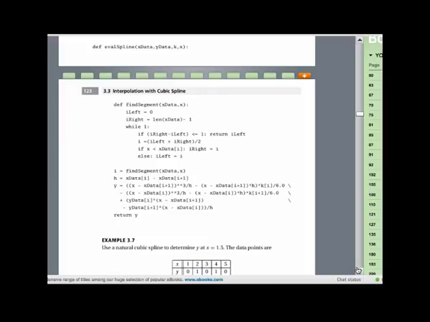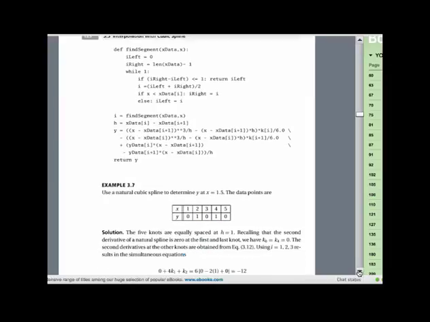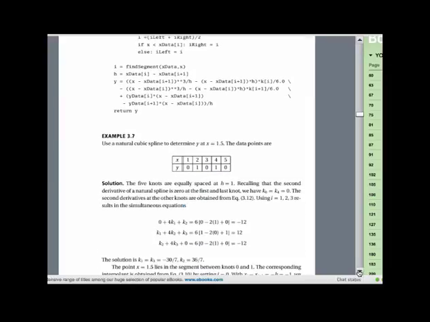We continue on to this example, and I will demonstrate the code for you and provide it on Blackboard. Here is a problem where you have this set of data in the Cartesian coordinate system. You have these x coordinates and y coordinates, and you would like to build a natural cubic spline to determine what the spline would be at, say, 1.5, which certainly is somewhere between knots 1 and 2.